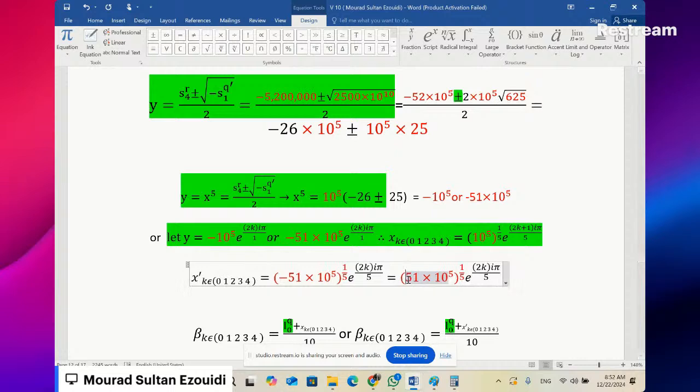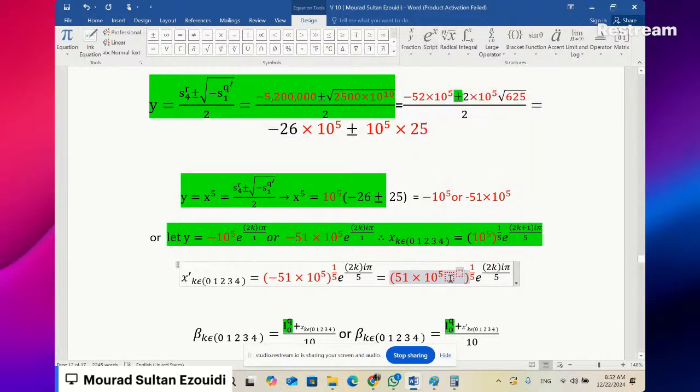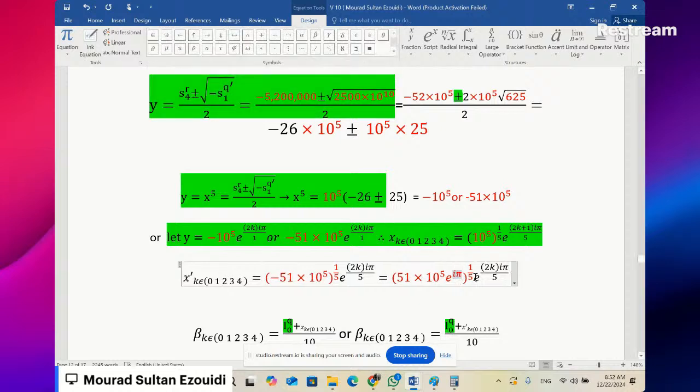With exponential I5, times exponential I5 because it's negative. Exponential I times 5. Then I should divide this by 5.